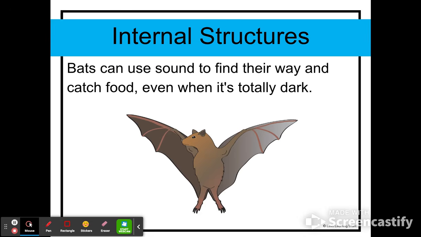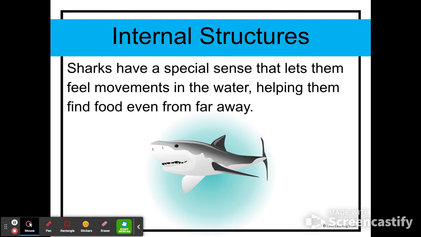Bats can use sound to find their way and catch food, even when it's totally dark. Sharks also have a special sense that lets them feel movements in the water, helping them to find food even from far away.